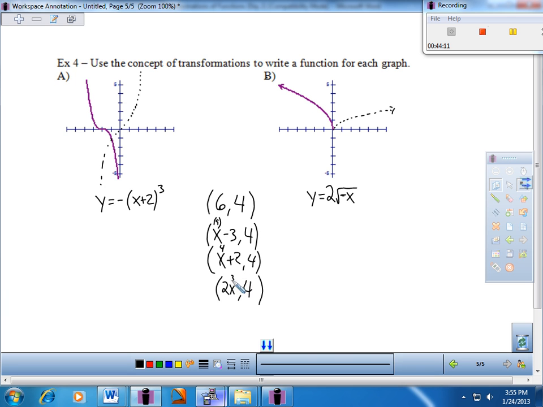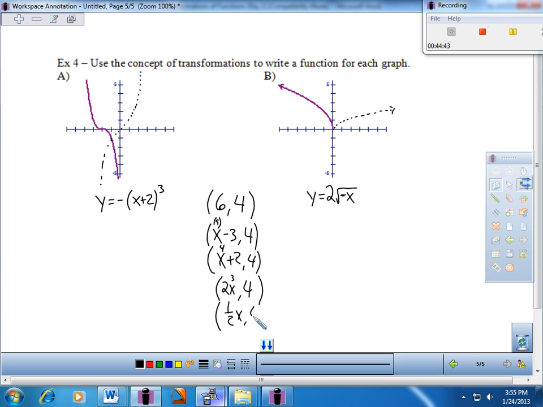It's closer to the y-axis. It's smaller than what we have here. The bigger this scale factor is right here, the smaller the new x values get. So from 6, 4, it goes to 3, 4. That's why, if you remember the graph, I take my original x, divide by 2, and that gives you the new x.